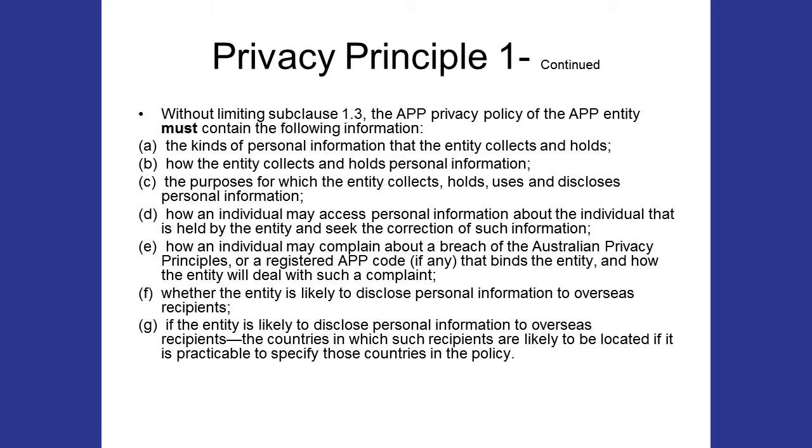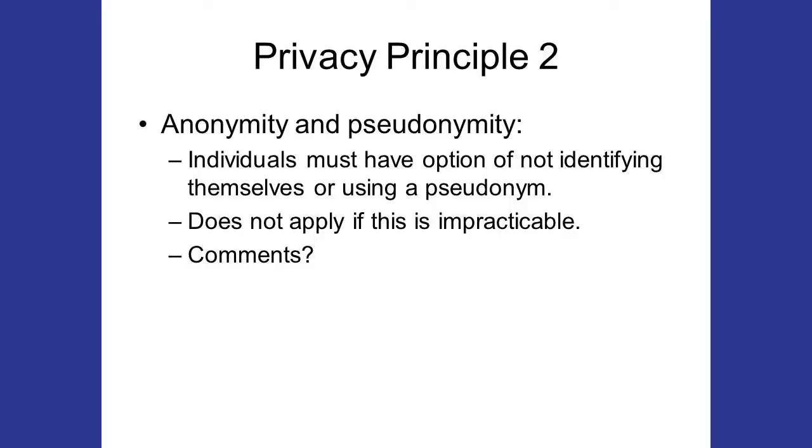It must show the kinds of personal information that the entity collects and holds, the purpose for which the entity collects, holds, uses and discloses the information, how an individual may access the information, how someone may complain about any breach, whether the entity is likely to disclose that information, in particular to overseas recipients, and if it is likely to be disclosed to an overseas recipient, the country where it may be located, and if practical, specify that in the policy.